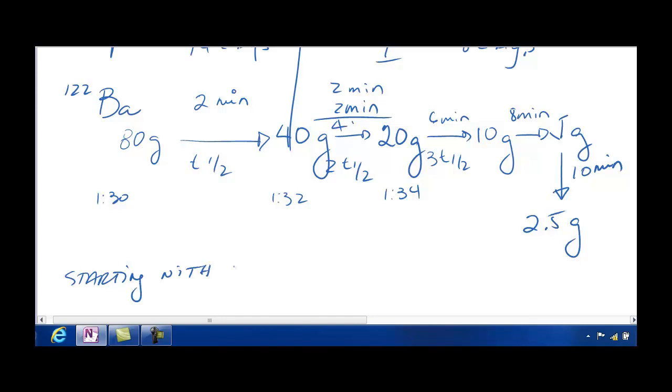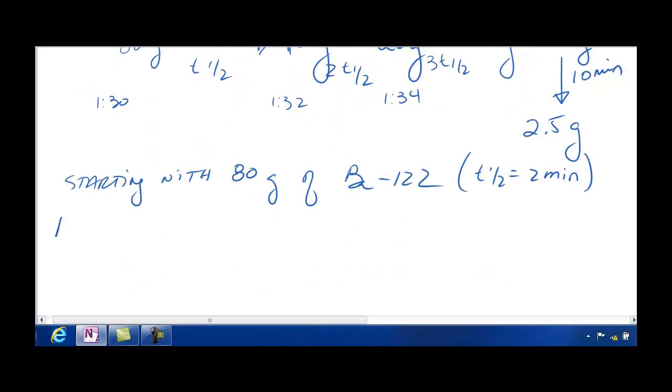So the question was, starting with 80 grams of barium 122 with a half-life of 2 minutes, how much remains after 10 minutes?